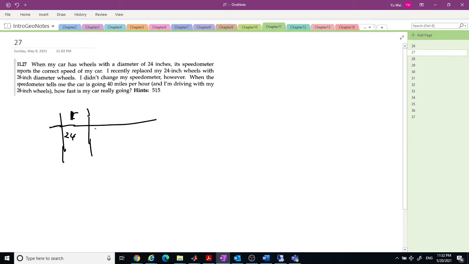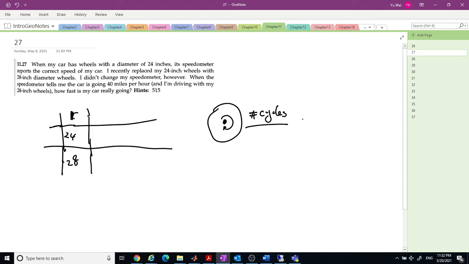I recently replaced my 24-inch wheels with 28-inch wheels, and I didn't change my speedometer. The speedometer is counting the spinning of the wheels: the number of cycles times the circumference, 2 pi r, then the accumulator gets the miles traveled.